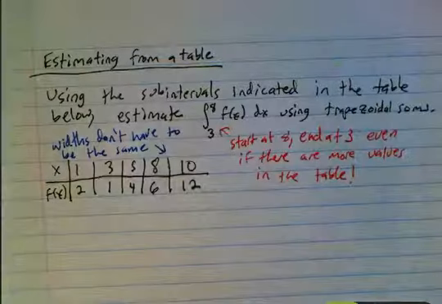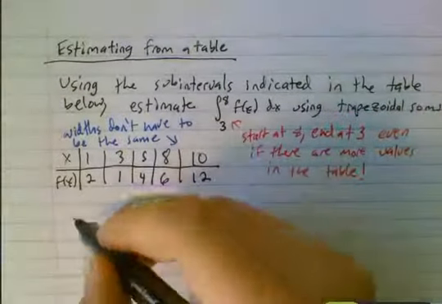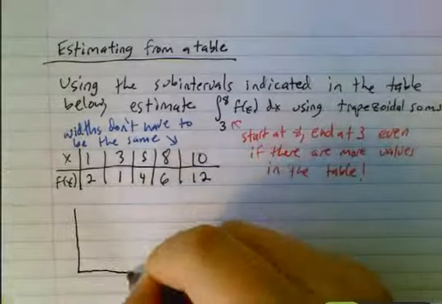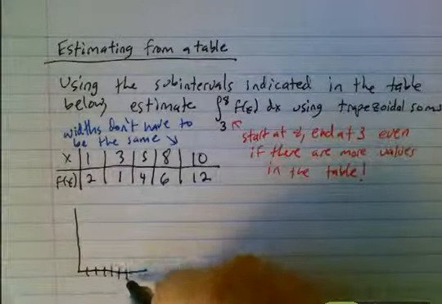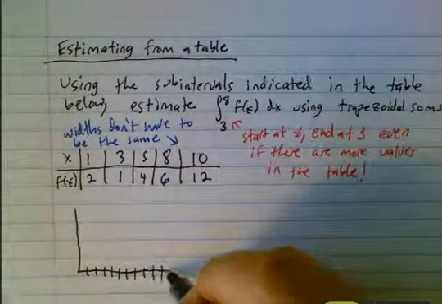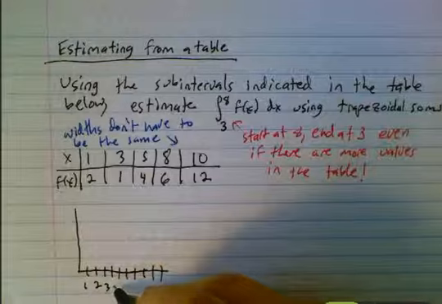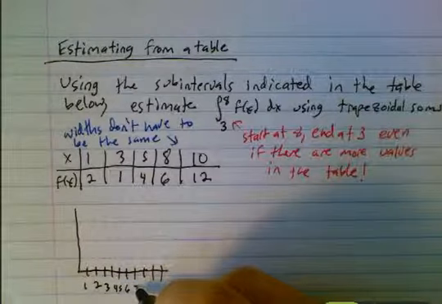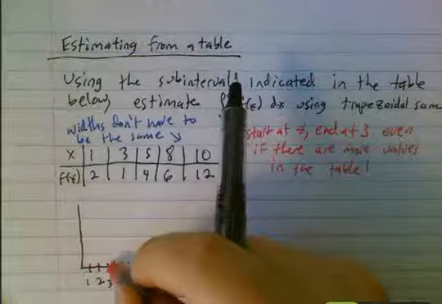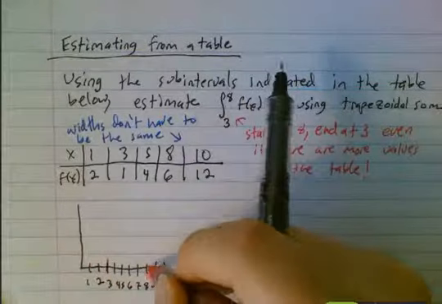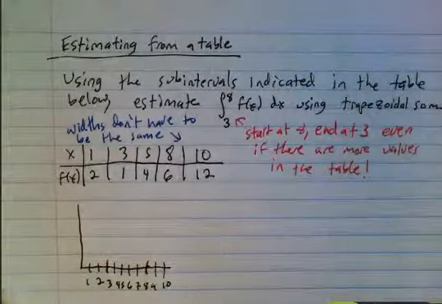I find it helpful to just make a quick sketch of this to make sure that I keep all my widths at the proper amount. So we're going from 1, 2, 3, 4, 5, 6, 7, 8, 9, 10. Notice we are going to be starting at 3 and stopping at 8. So that's all that we really care about.